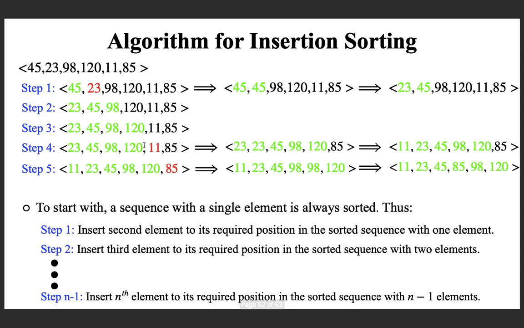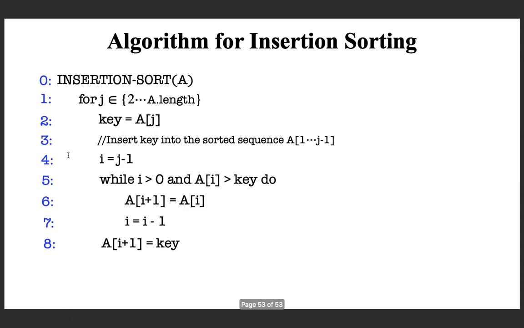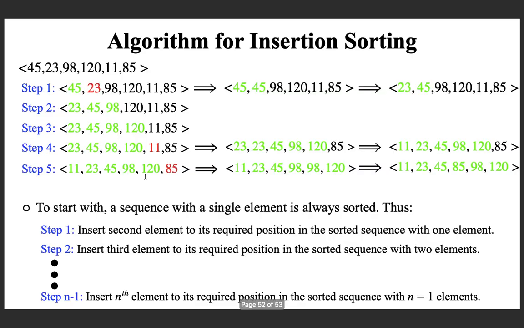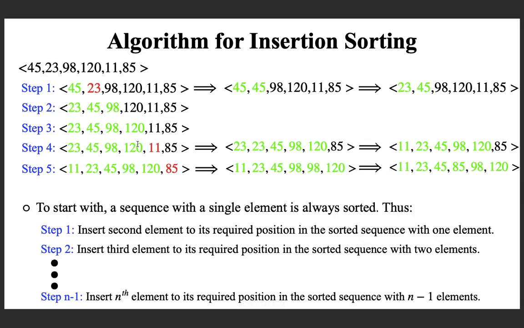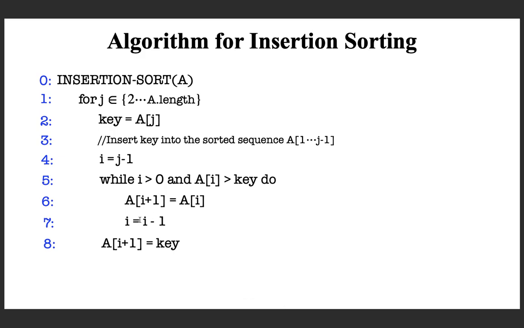Then from the previous position onwards, that is previous position is j minus 1.